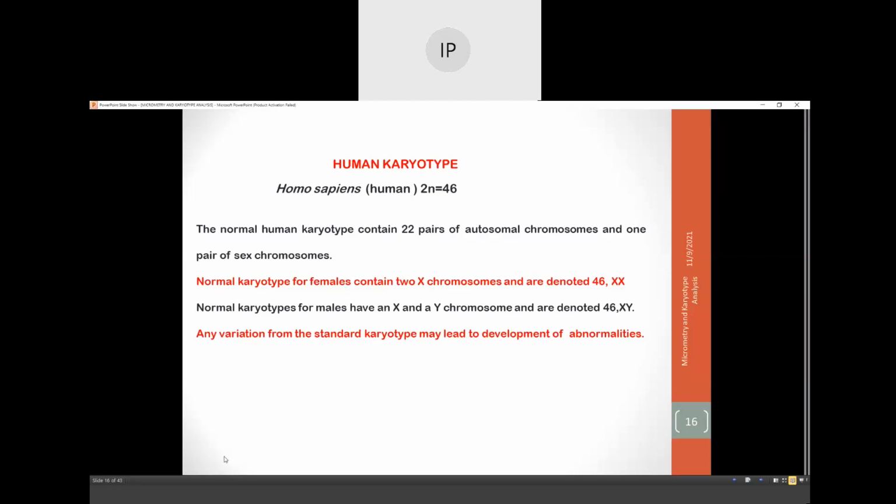Normal karyotype for female contains two X chromosomes and is denoted 46,XX. Normal karyotype for males has an X and a Y chromosome and is denoted 46,XY. Any variation from the standard karyotype may lead to development of abnormalities.